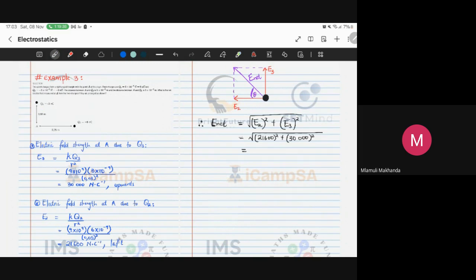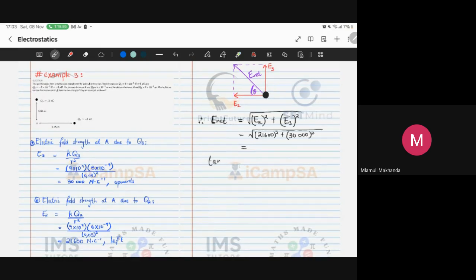That's your final answer right there. And then now to find theta, theta would simply be opposite, which is E3, over adjacent, which is E2.